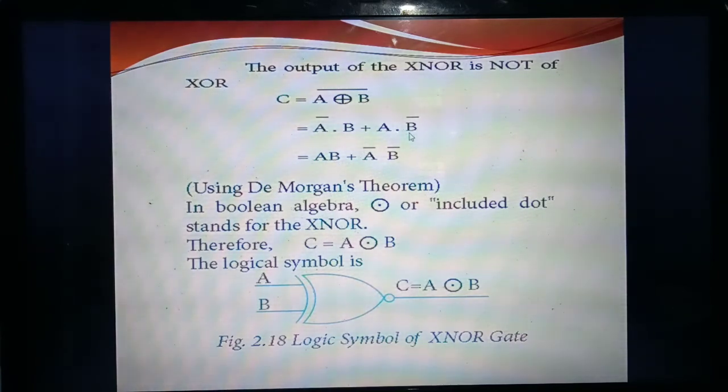Okay. So according to De Morgan's theorem, you can write A bar dot B plus A dot B bar as AB plus A bar B bar. Okay. This is obtained by using De Morgan's theorem.